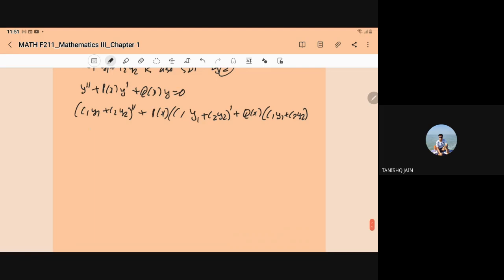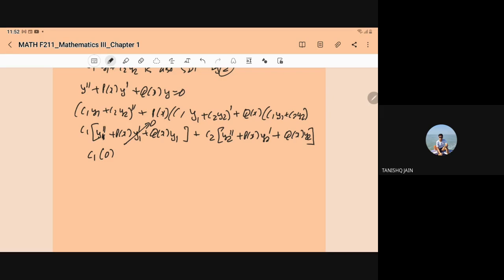This can be written as c1 times (y1 double dash plus p(x) y1 dash plus q(x) y1) plus c2 times (y2 double dash plus p(x) y2 dash plus q(x) y2). And because y1 is a solution of the second one, it is equal to 0, so c1 times 0. y2 is also a solution, so plus c2 into 0 gives you 0.